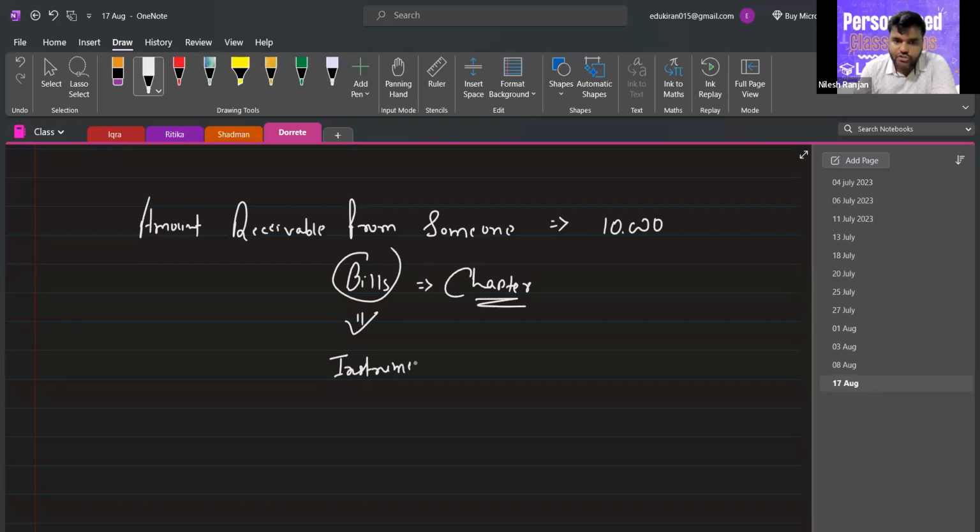There are many instruments which we use to transact with each other, like debit card, credit card, check, or bank draft. Bills is the same type of instrument. Now, how does it work?